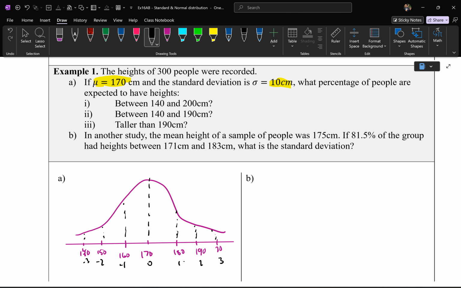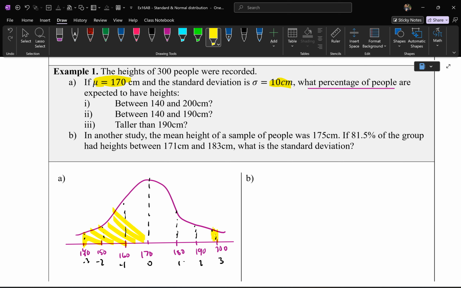Okay, now let's answer the question. The question asks, what percentage of people are expected to have heights between 140 and 200? 140 is over here, and 200.